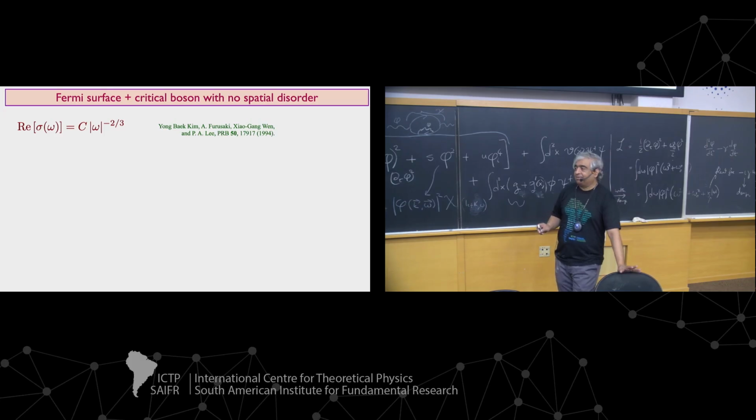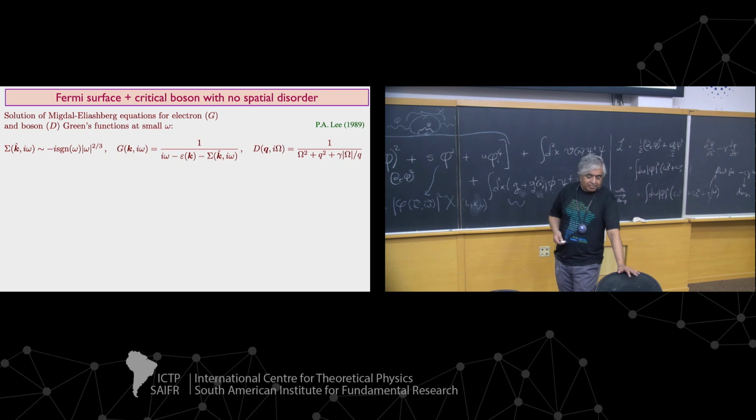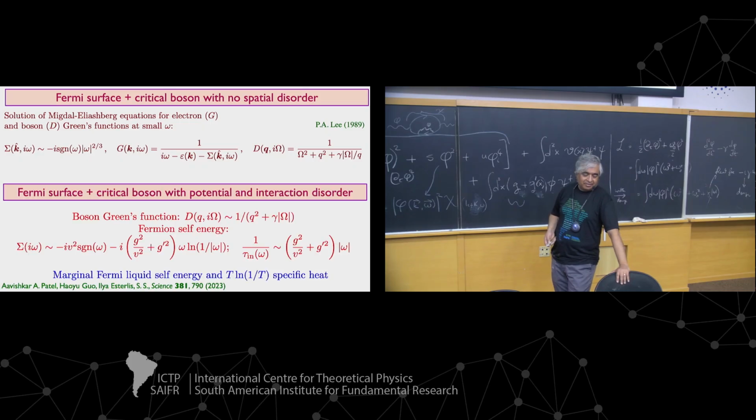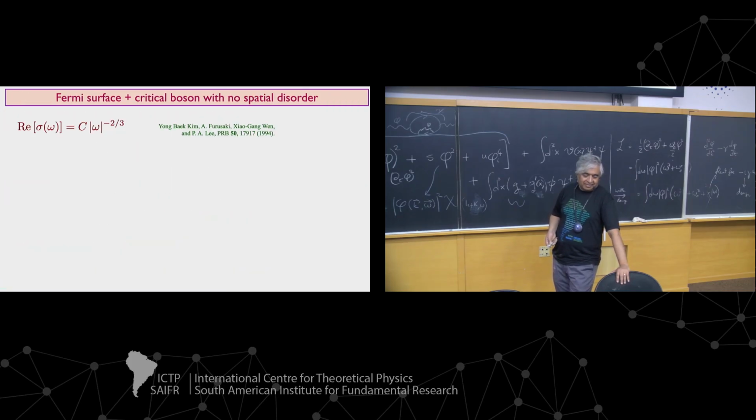So this is zero disorder, perfectly clean. Okay. So they got two things. First, they got omega to the 2/3. This is correct. Their calculation, as far as I can see, is perfectly fine, and there have even been numerical tests of it. Then they said, okay, there's such a strong self-energy, this is going to give you some singular transport. So in particular, if they computed the optical conductivity, in Drude theory, this would be 1 over omega squared. They say, oh no, it falls off very, very slowly as omega to the minus 2/3.